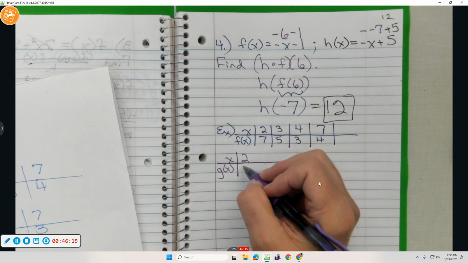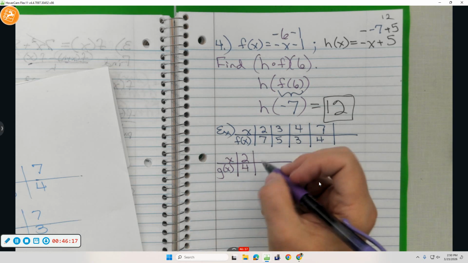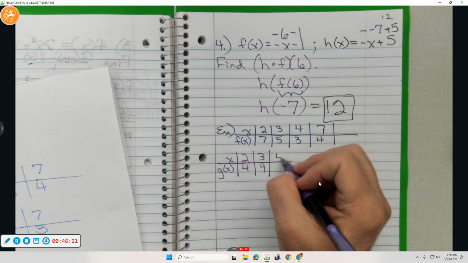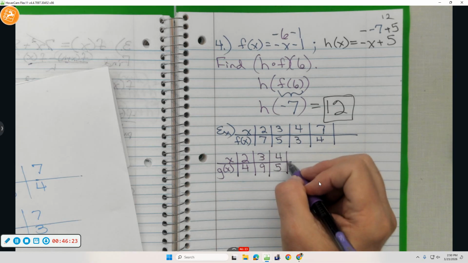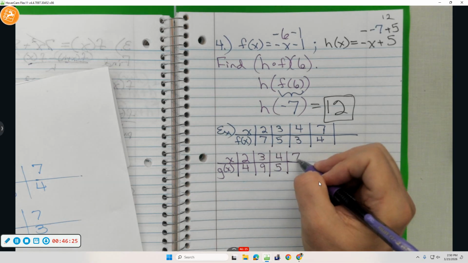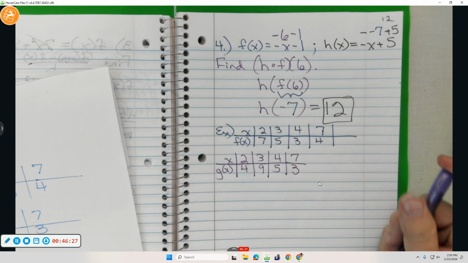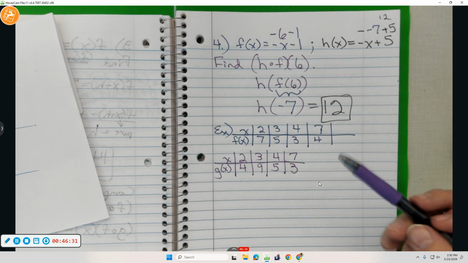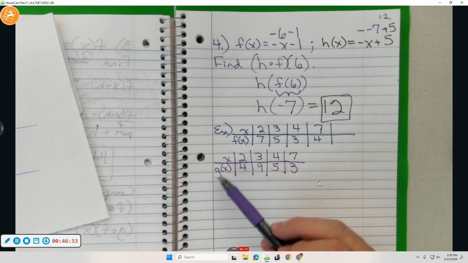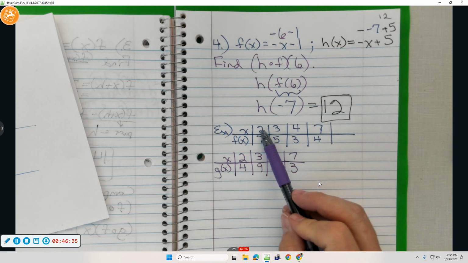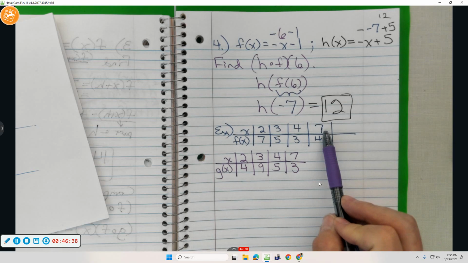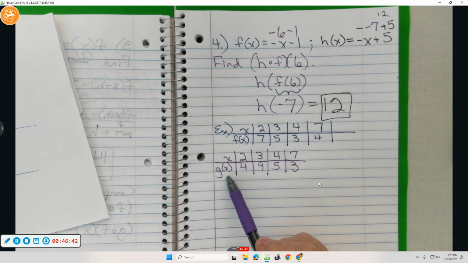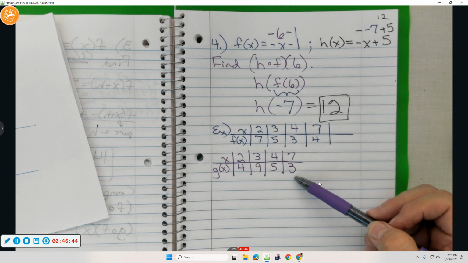G assigns 2 to 4, 3 to 9, 4 to 5, and 7 is assigned to 3. And notice, these are definitely functions. Each x is only used one time for f. Each x is only used one time for g. So both of these things are functions.